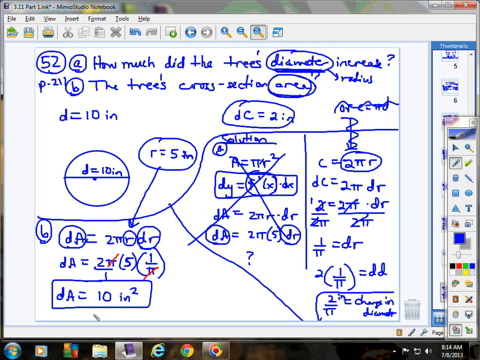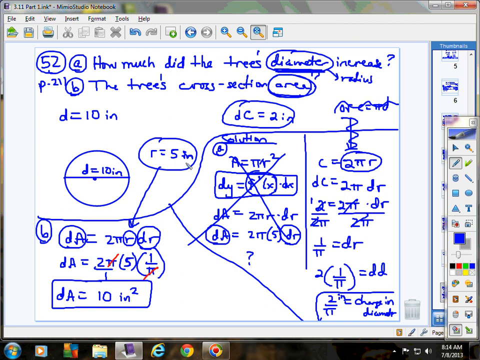So without chopping down the tree with a chainsaw, a year later we can go out there and measure the circumference of the tree. It's 2 inches more than it was, right? And based on that value, and knowing that the original radius was 5, we can get a change in the area.